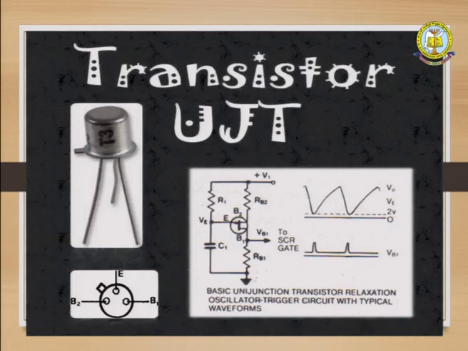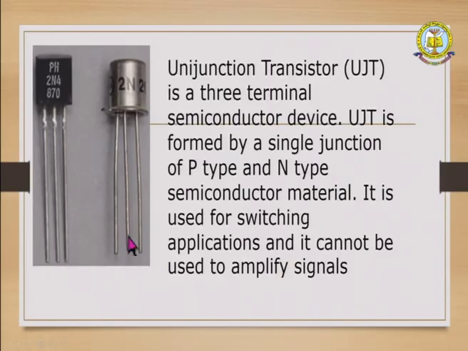Here UJT means emitter, base 1 and base 2. The names are changed. Okay, the connection is the same, the resistance and capacitor are the same. That is PNP and this is NPN, but the names are changed. So here base 1, base 2 and emitter. So 3 terminals means 3 pins: one is emitter, another is collector and base.